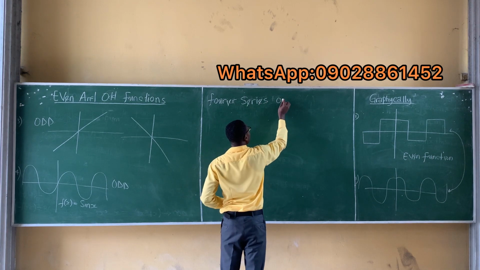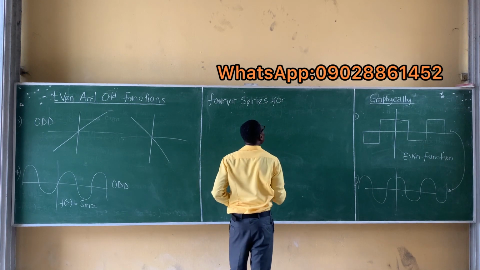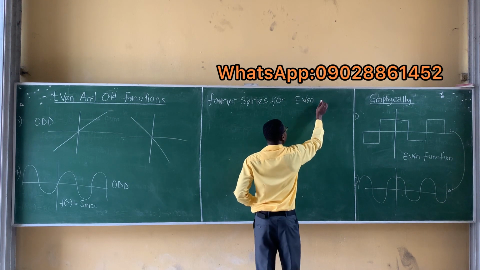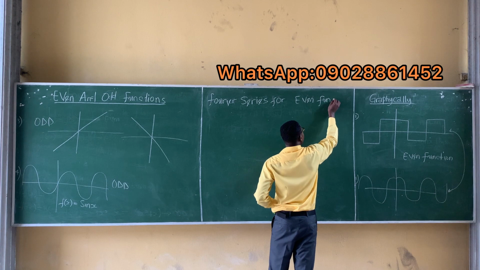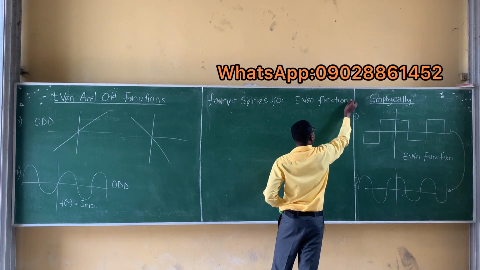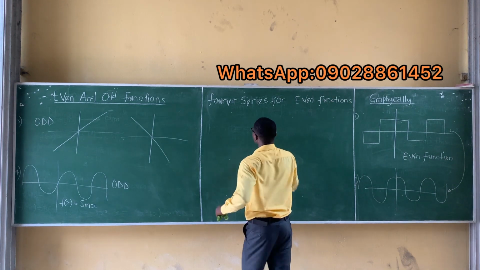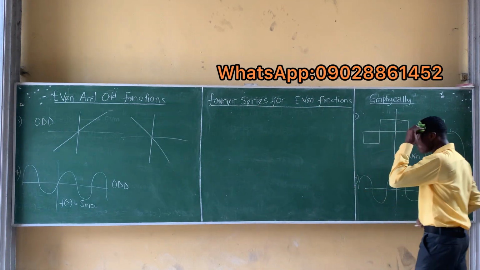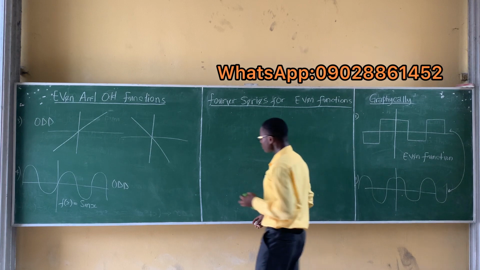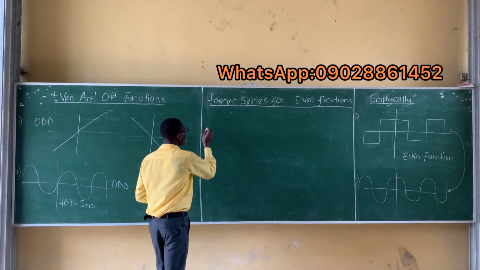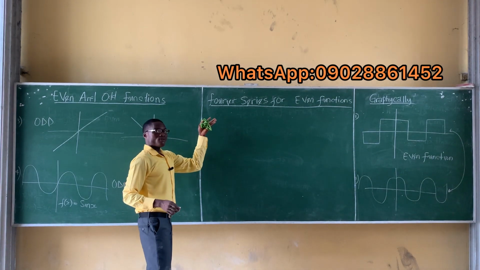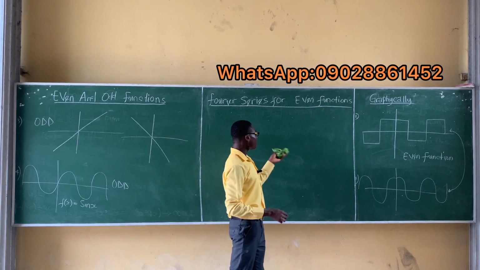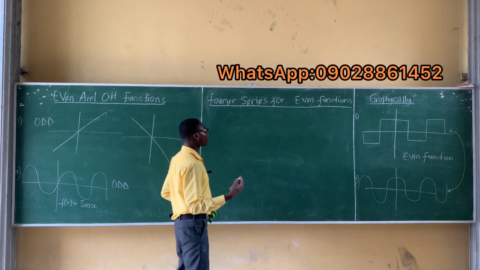Fourier series for even functions. Now we have that for a Fourier series, f of x equals a naught over 2 plus the sum from n equals 1 to infinity of a sub n cos nx.